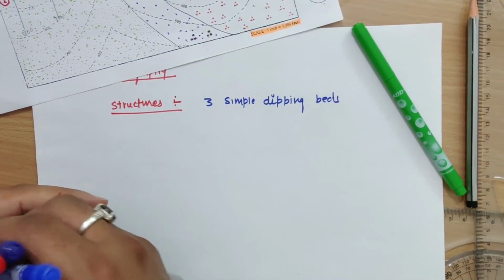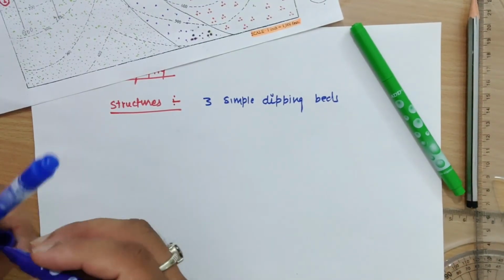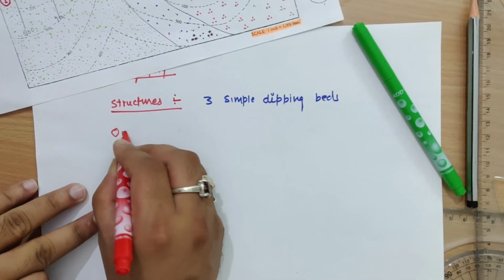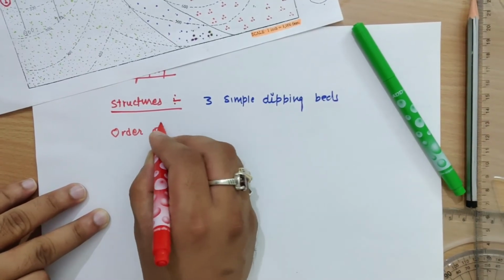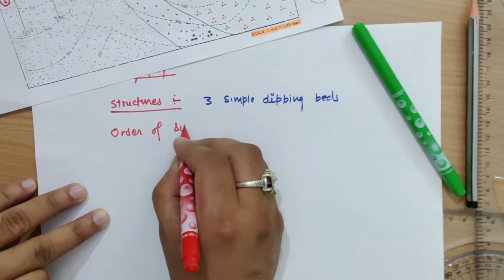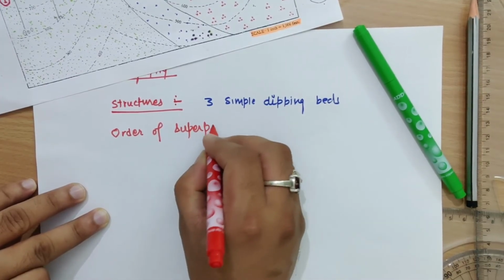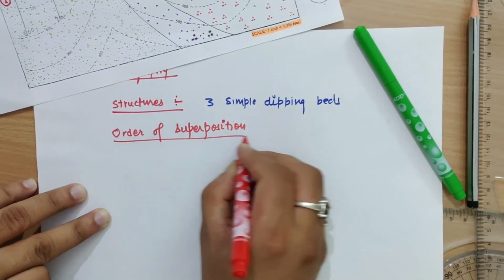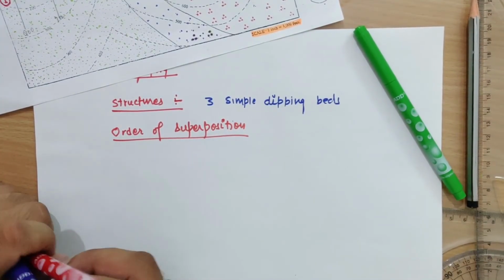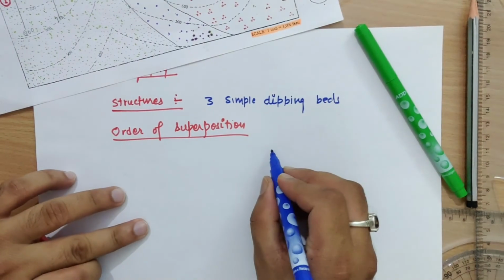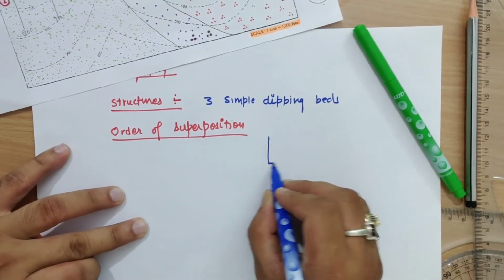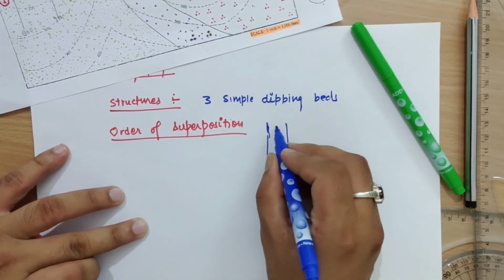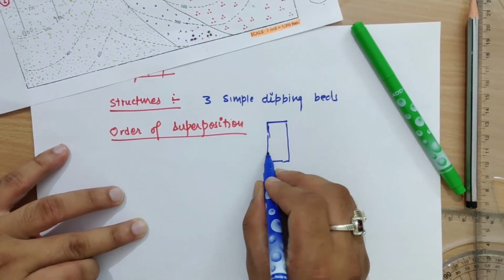Now the third point we do is order of superposition. For that, what we do? We actually draw the lithological cross section in undeformed manner.